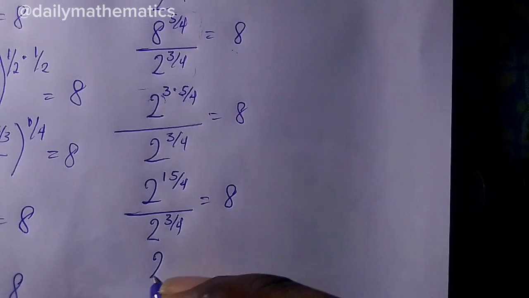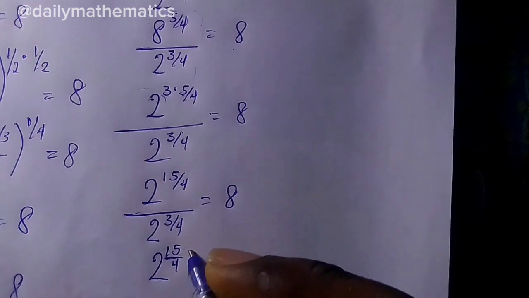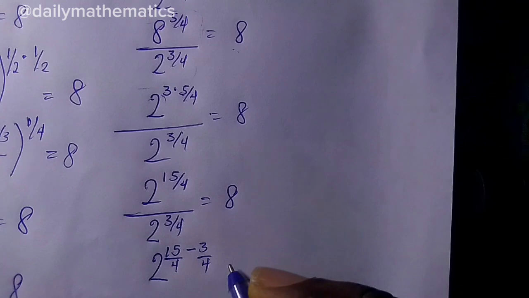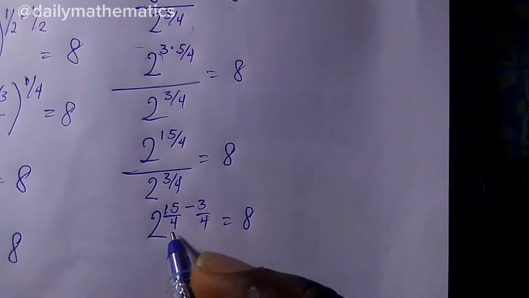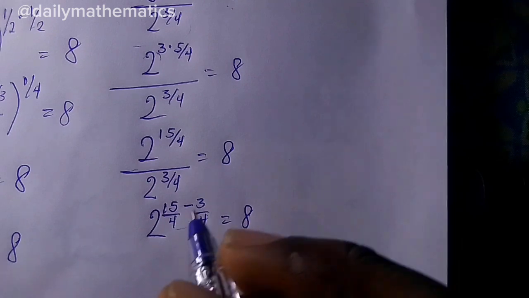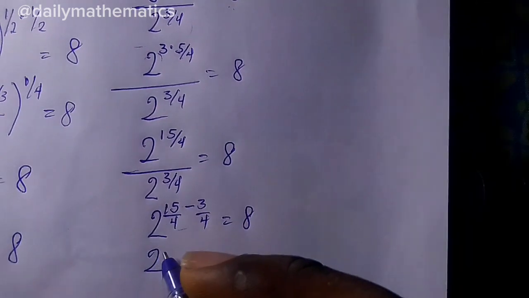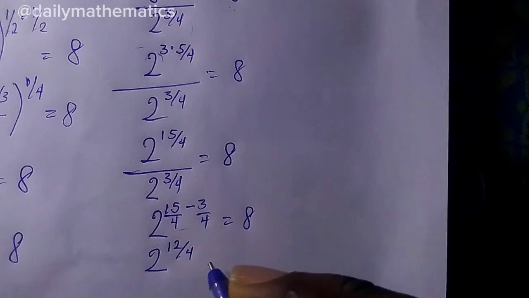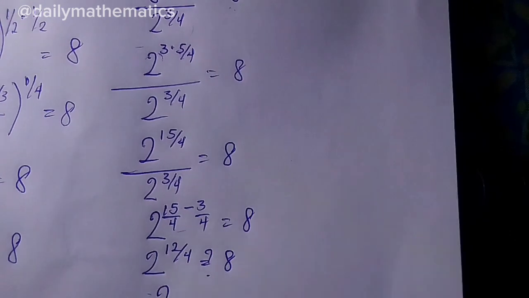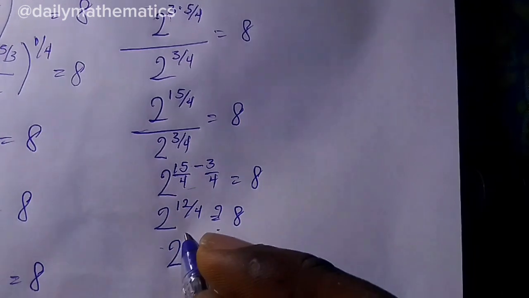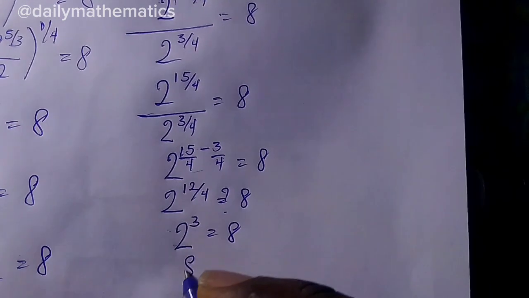It will give us 2 raised to the power of 15 over 4 minus 3 over 4 equals 8. Now since we have the same denominators, we can just subtract the numerators. 15 minus 3 will give us 12. 2 raised to the power of 12 over 4, does it give us 8? Now we're asking the question. Now 12 divided by 4 is giving us 3. 2 raised to the power of 3 is going to give us 8.